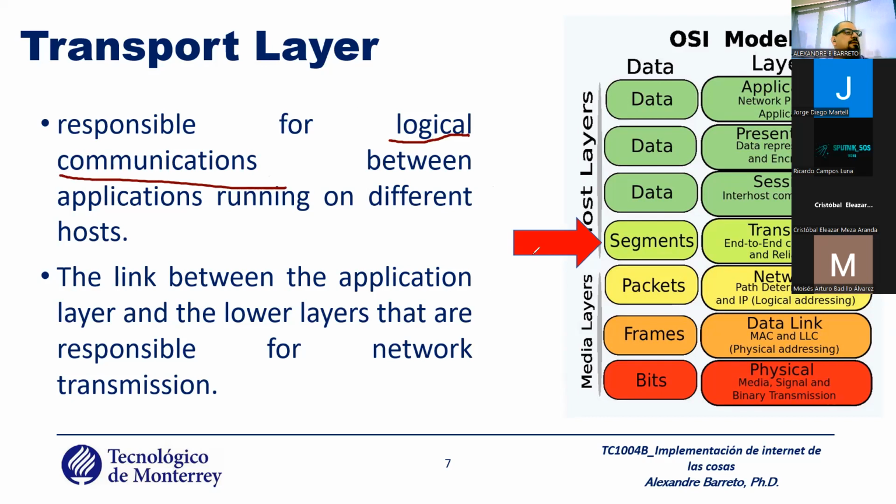And there are services that this layer defines, for example, reliable communication and unreliable communication. In this layer, in TCP/IP, you have two protocols: TCP, when you want reliable communication, and UDP, when you don't want reliability, you want unreliable communication.